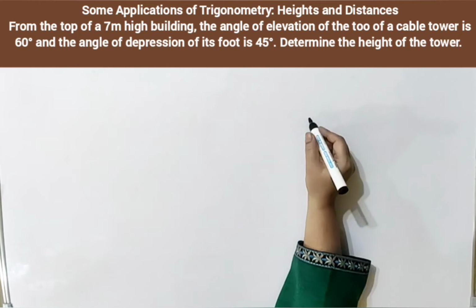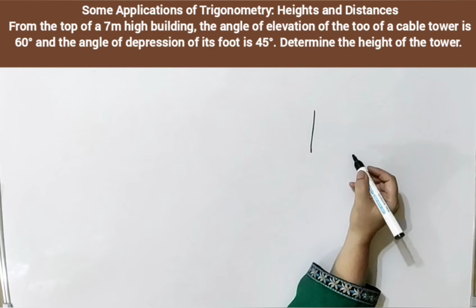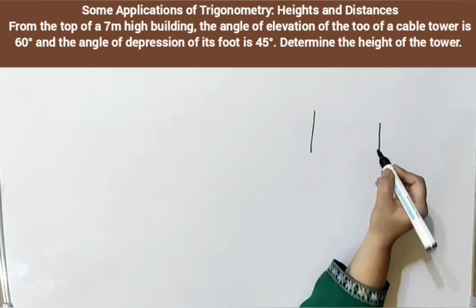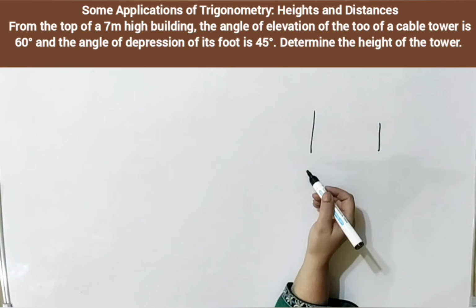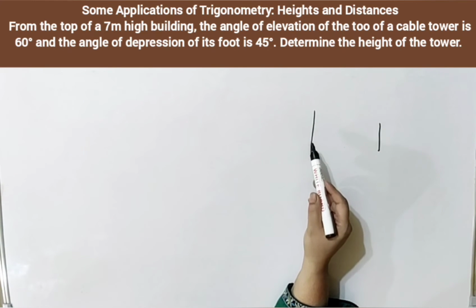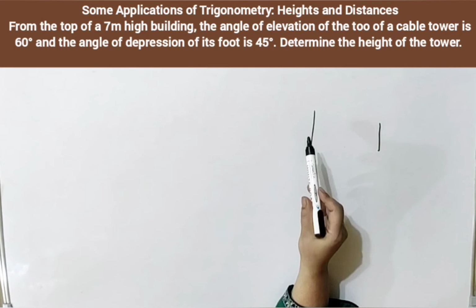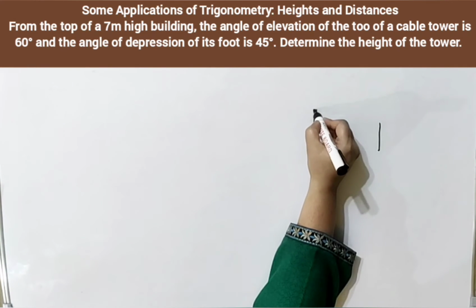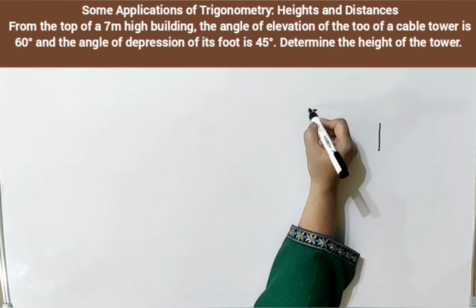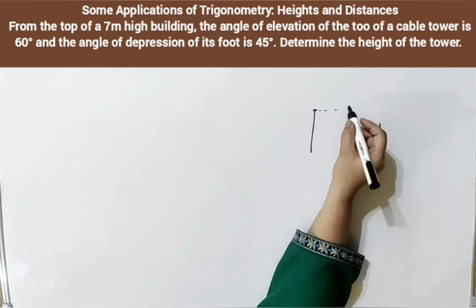Let's assume that this is the building and this is the cable tower, right? So what do we have? The angle of elevation from the top of the building. The top of the building is nothing but the point of observation, right? So this is our point of observation. Let's draw a horizontal line.